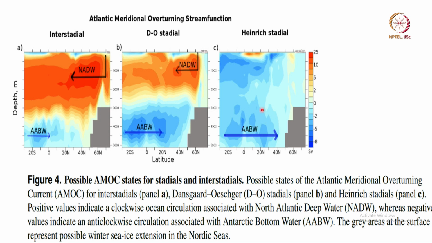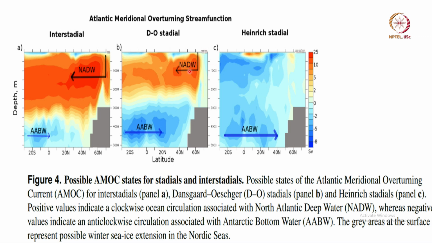Now, this is a simpler thing to look at, the vertical structure only, and you see that you only compare these two. So, when the icebergs fell into the ocean, you can see the temperatures, and this is the circulation pattern they are showing here in Sverdrups, that is million cubic meters per second. You can see that during the Heinrich event, when a lot of icebergs fell into the Atlantic Ocean, the circulation was weaker.